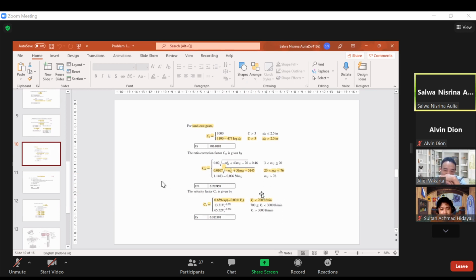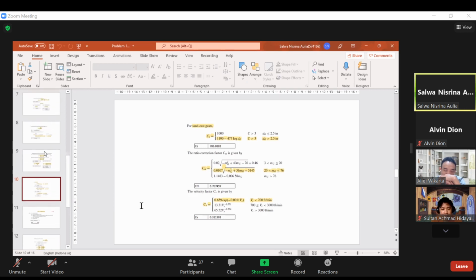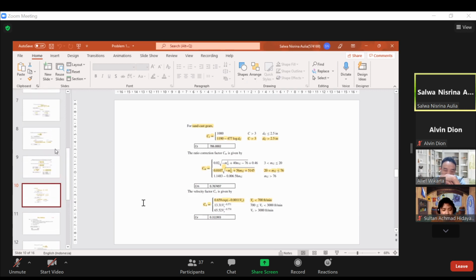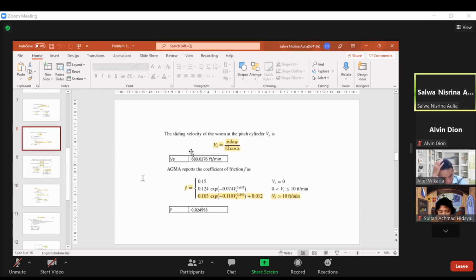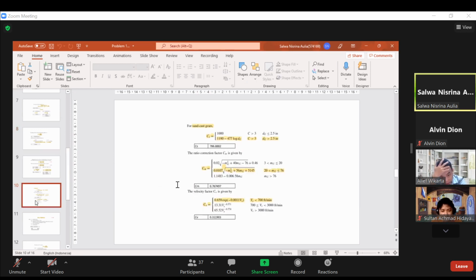From the sliding velocity known before, we can get 618. We use this equation to find the velocity factor.